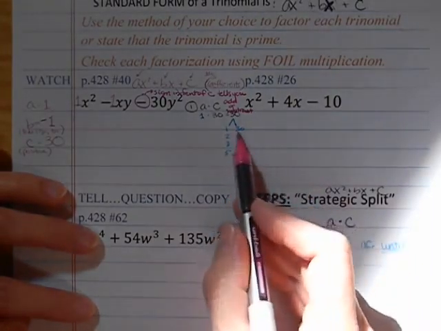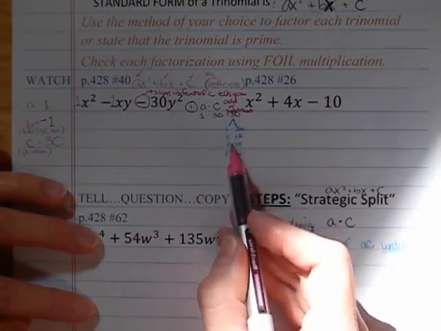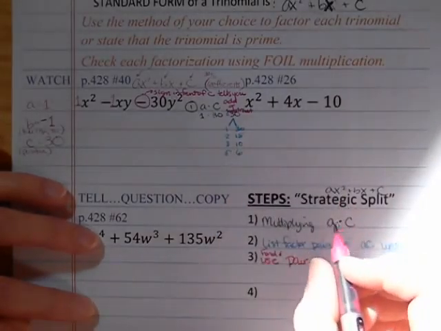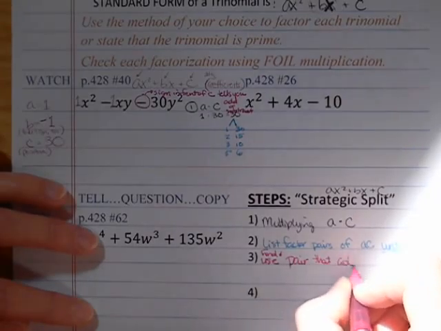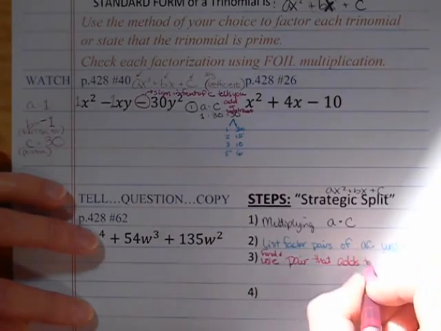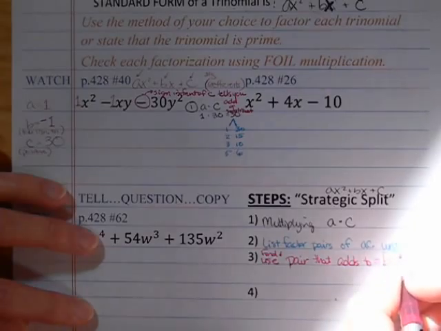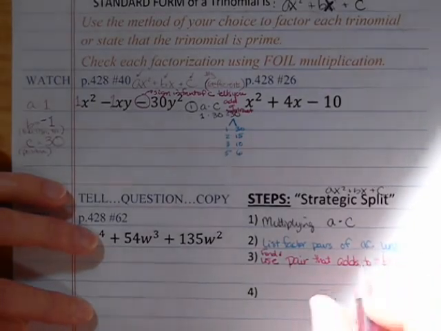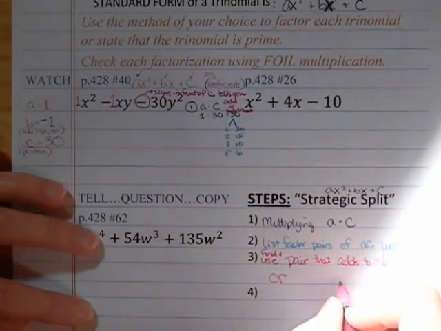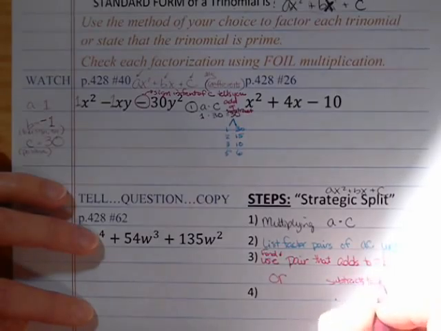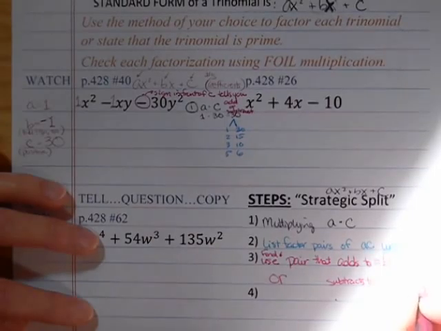So you list factor pairs of AC, in this case 1 and 30, 2 and 15, 3 and 10, 5 and 6. You're going to find and use the pair that adds to equal your B value if your C value is positive, greater than 0, or find and use the pair that subtracts to equal your B value if your C is less than 0, negative.